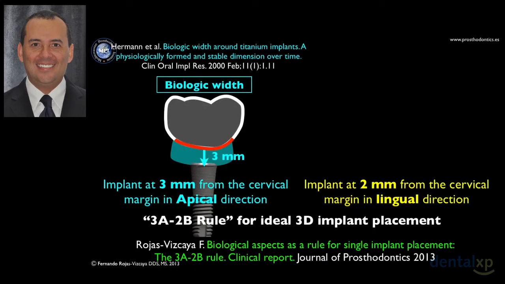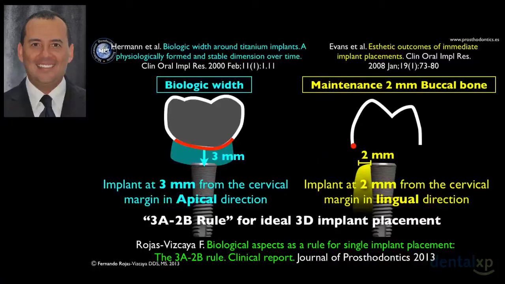Now, we also speak about placing the implant guided from the prosthetic point of view, and we want to place the implant 2 mm from the margin of the planned crown in a lingual direction. Why 2 mm? Basically because we want to keep 2 mm of buccal bone.